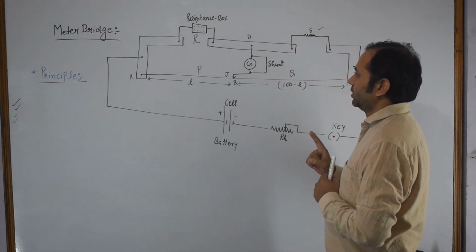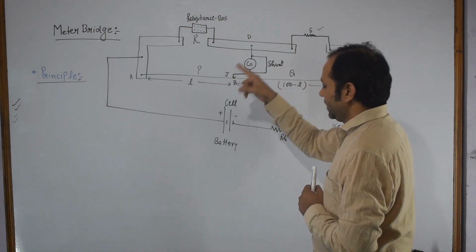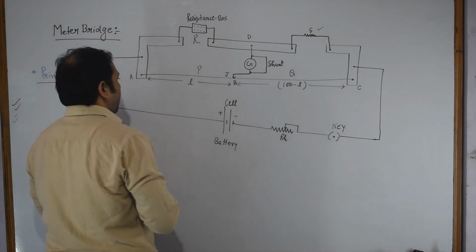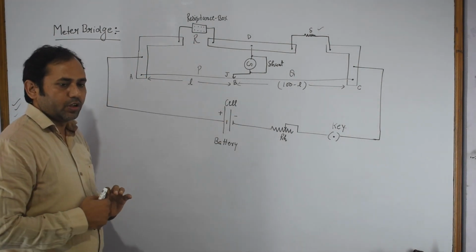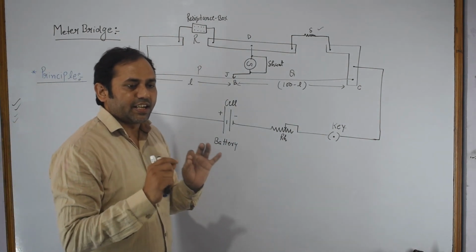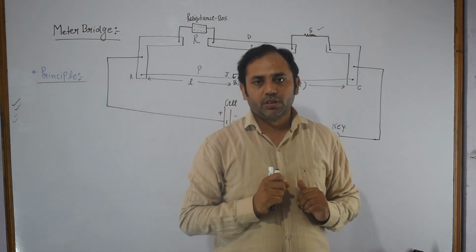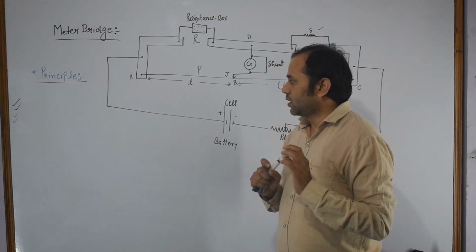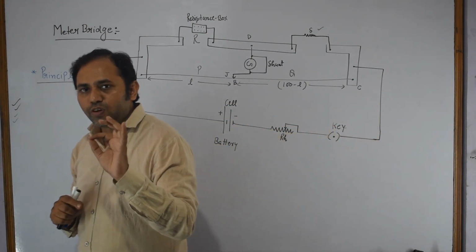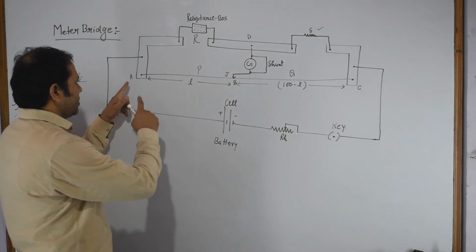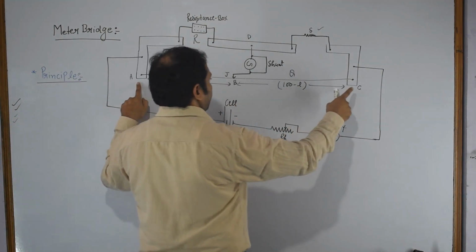Now, first of all, I want to tell you the design part of the meter bridge. Why is it called a meter bridge? Because in this device we use a wire of 1 meter, that is wire AC.